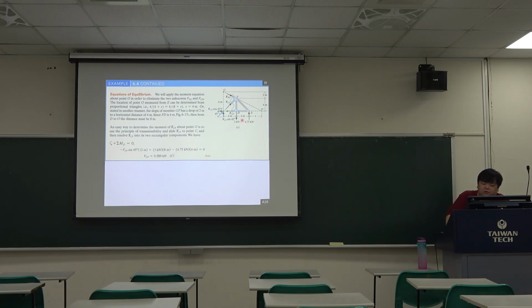Just use these two forces and the FCF force to calculate the moment at point O. So the summation MO is equal to 0. Then use this force times the moment arm, and summing these two moments equal to 0, we can get FCF equal to this answer.